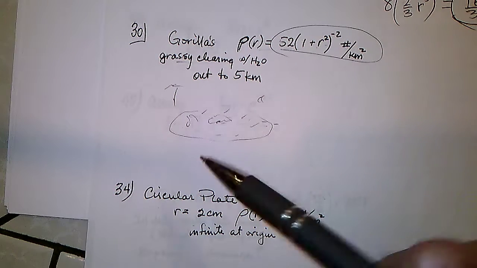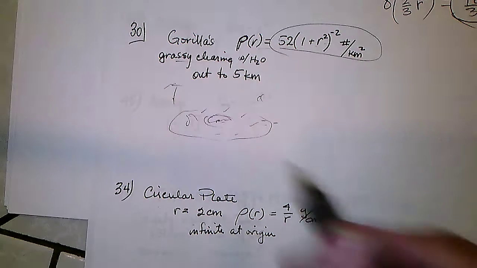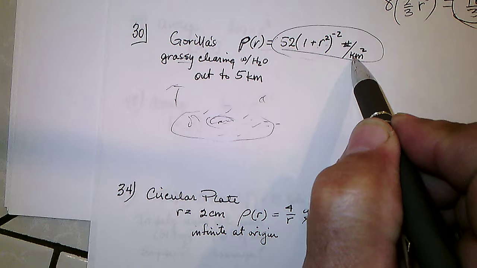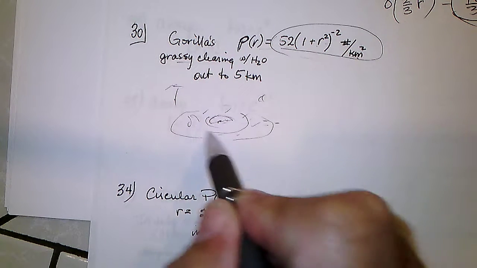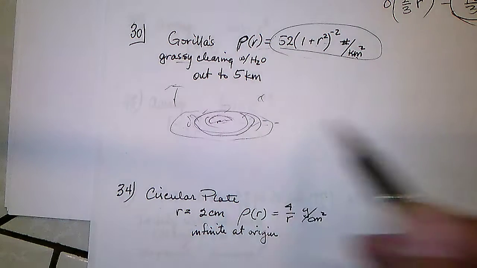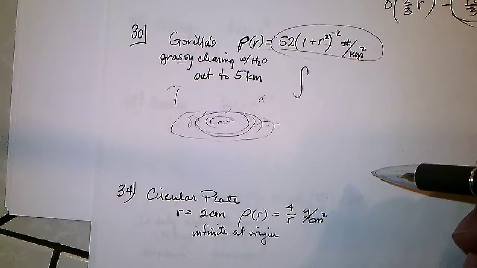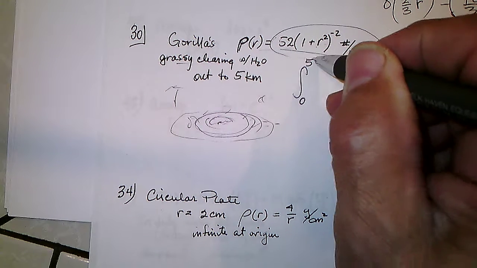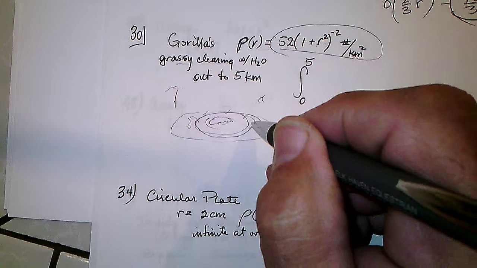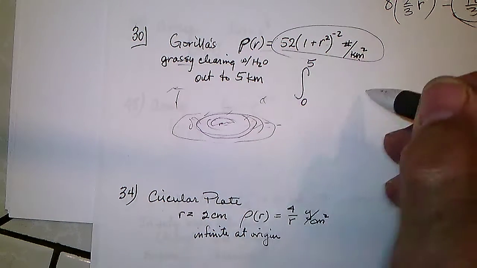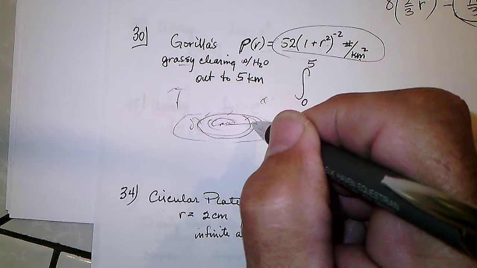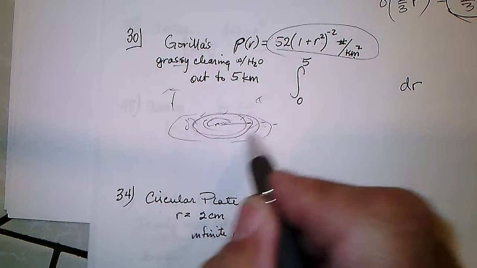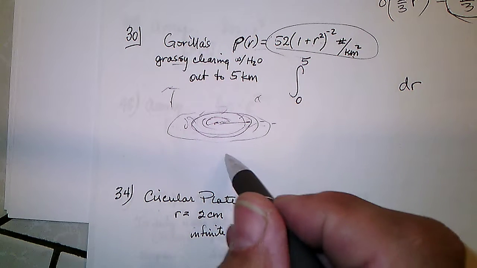All right. What we do when we got these is we want to take the number of gorillas per square kilometer, times the area of a ring around it. So we're going to go out to 5 kilometers from the center. The thickness of the ring is a small amount of r. And you're thinking about this ring as being a rectangle.